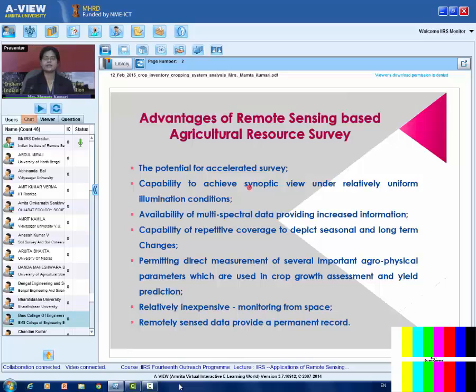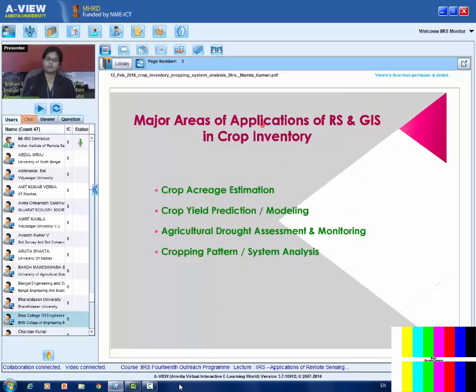So why are crop inventory and cropping system analysis important? Major areas of application in crop inventory using RS and GIS are crop acreage estimation, crop yield prediction and modeling or estimation, agricultural drought assessment or crop growth stress monitoring, and cropping pattern or system analysis.